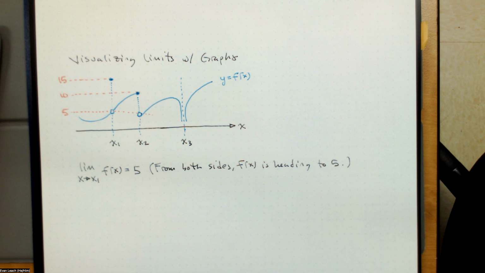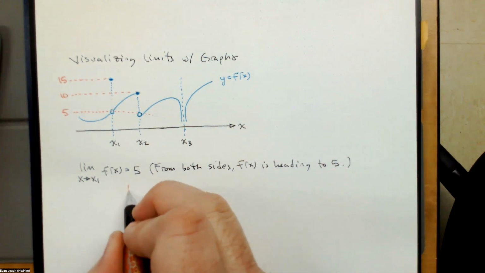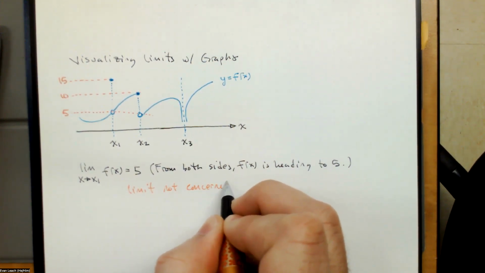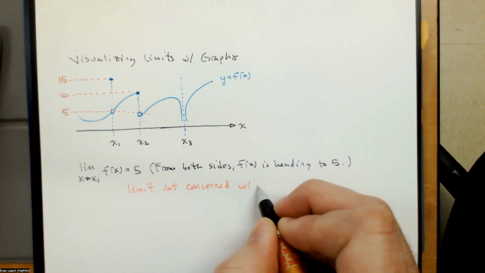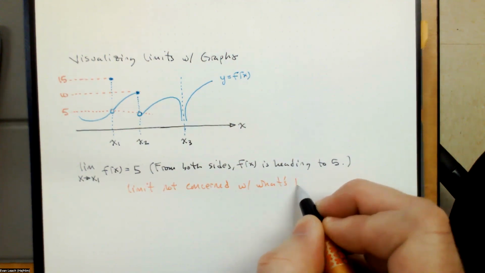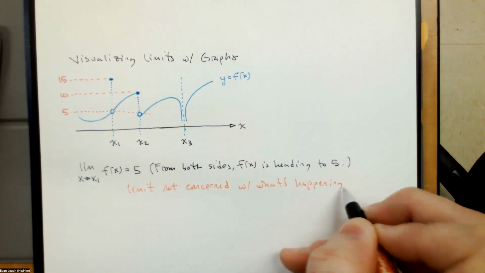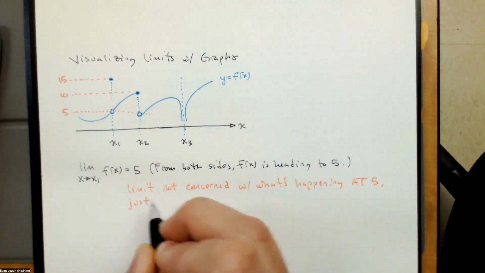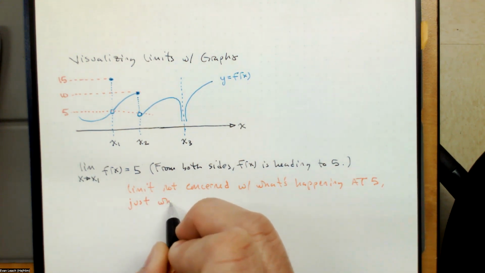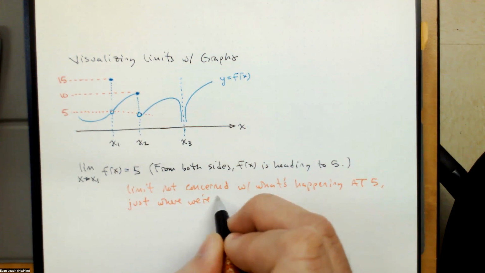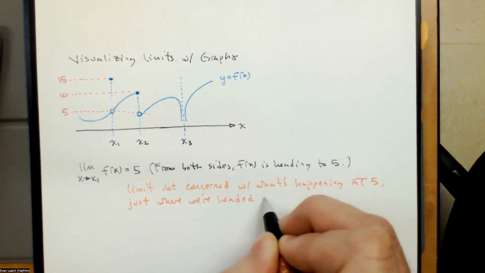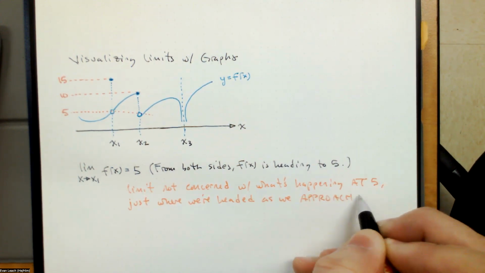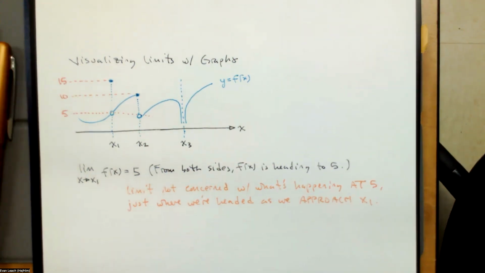The limit doesn't care what's actually happening at 5. Oops, not at 5, at x1.